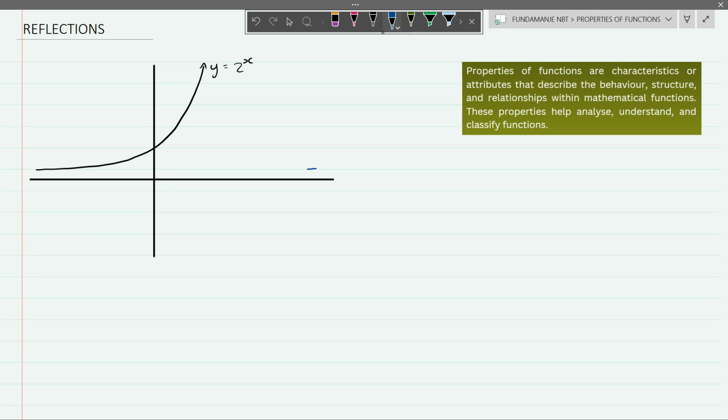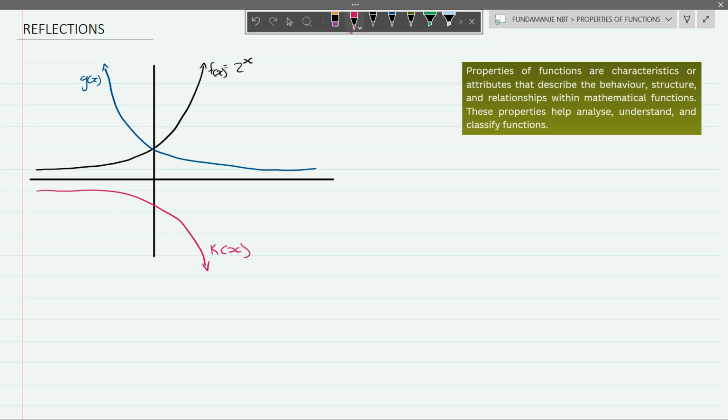We can reflect it along the y-axis to achieve something like this, and we will call this new function, let's name this one actually f of x, and this one will name g of x. Then there's another type of reflection that we can do, which would look something like that, and we can name this k of x.